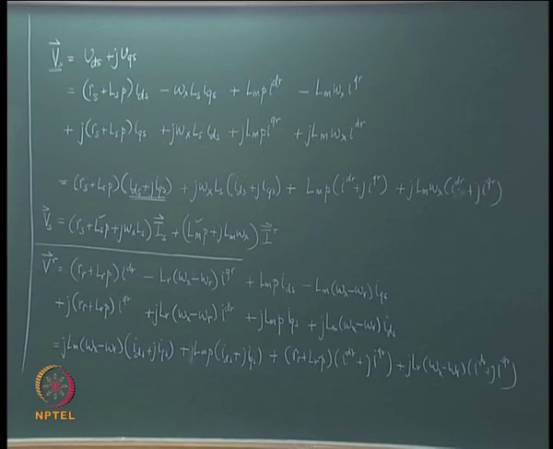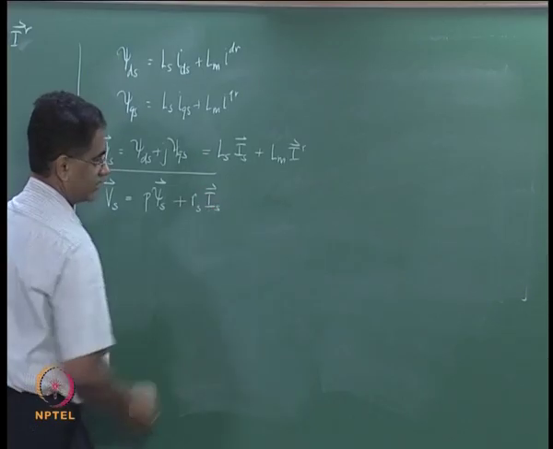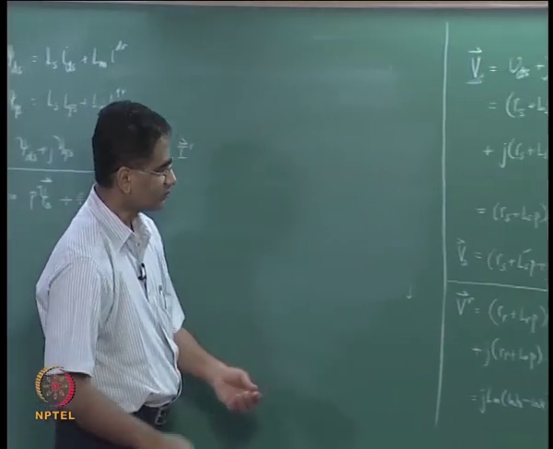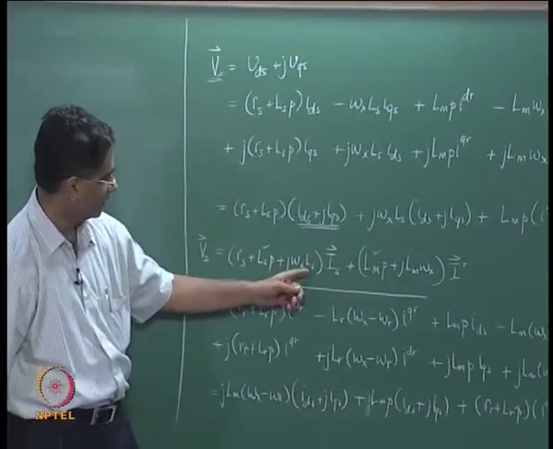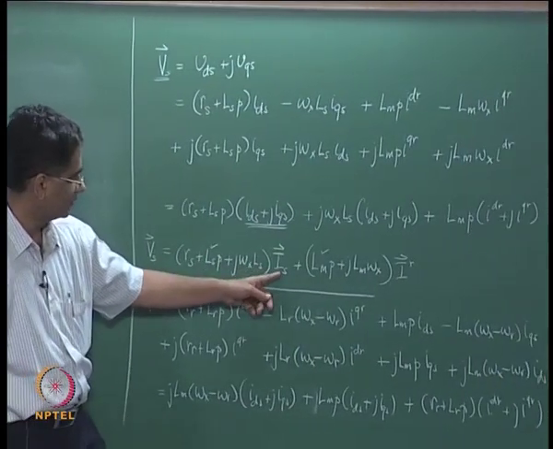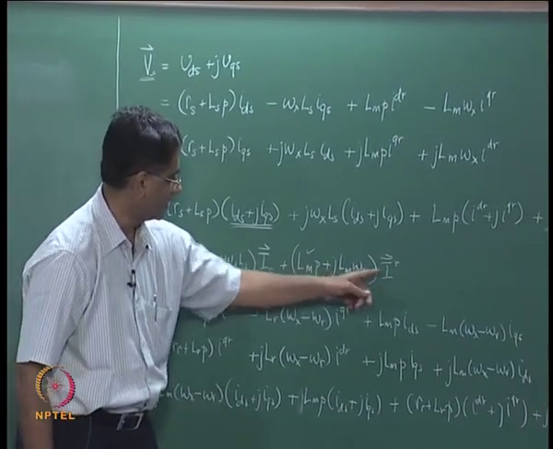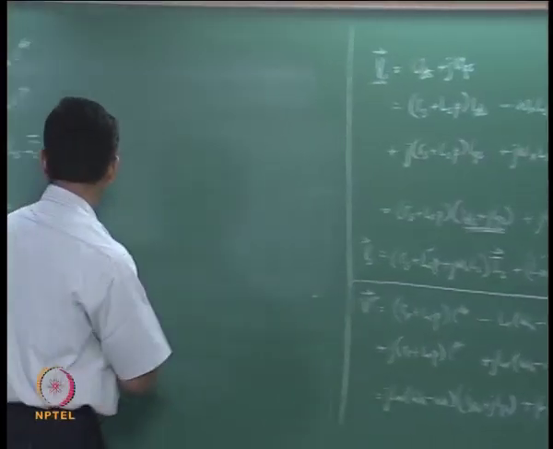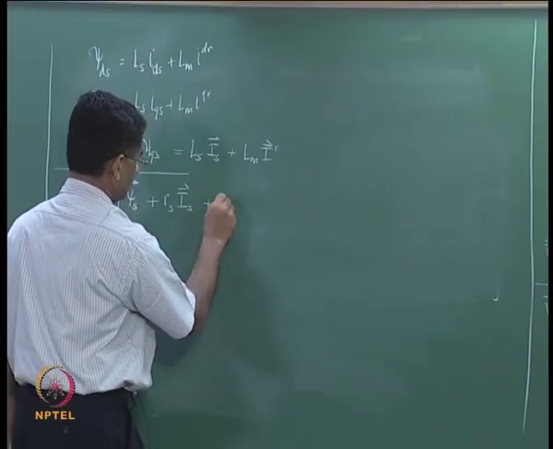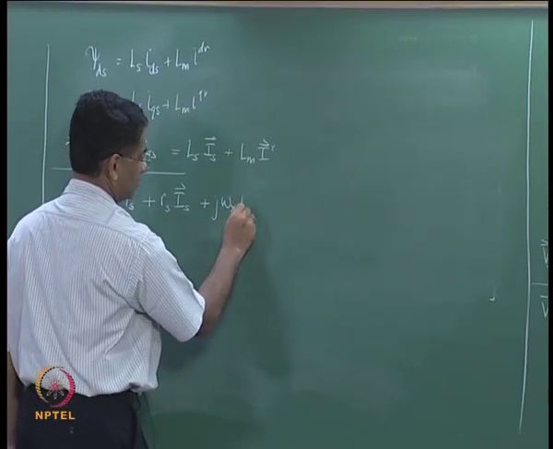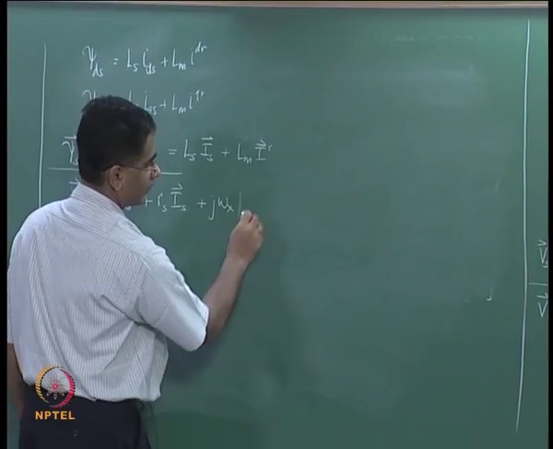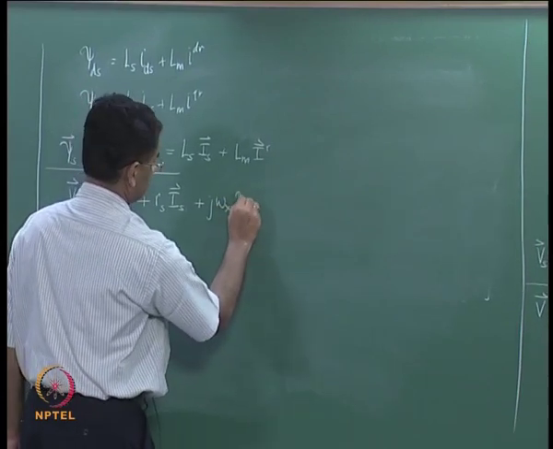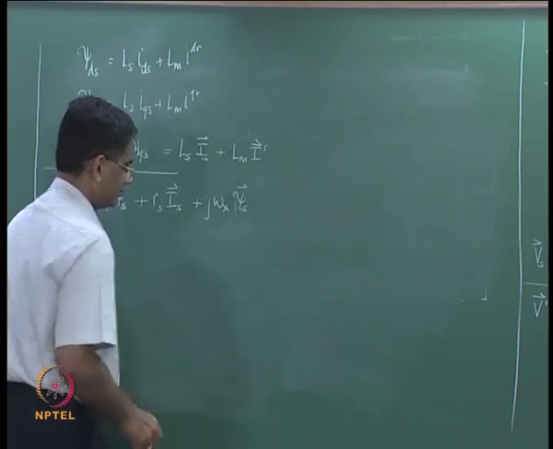So the stator resistance into the stator space phasor, and then you have here Ls into Is and Lm into IR both multiplied by j omega x. So you have plus j omega x into psi s.